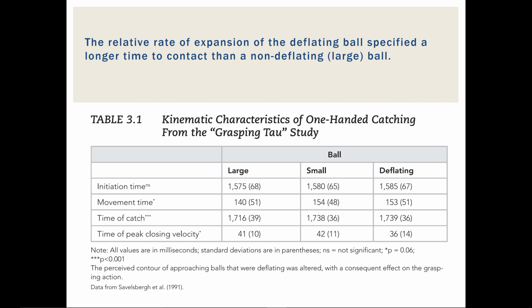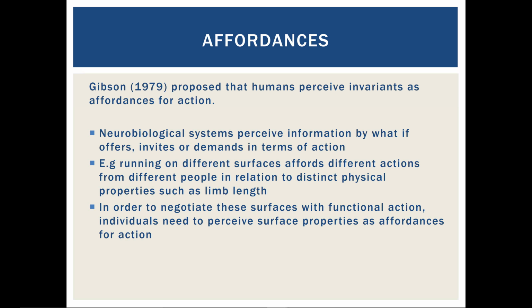Right. And a way to understand how information or informational constraints change behavior is by using the term affordances. So neurobiological systems, such as ourselves, such as other animals, perceive information by what it offers, invites, or demands from us in terms of motor action.